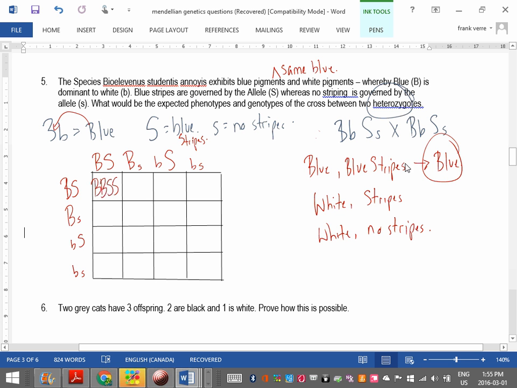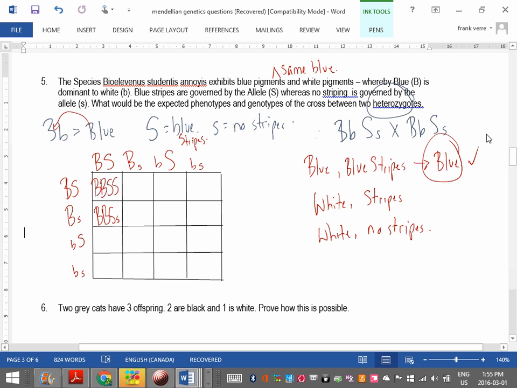Right here. That's this one right here. Is there only one shade of stripes? Yeah, which is the same as the blue. Alright, so let's look this up. What would this be? Recessive. Blue with stripes, so that would be what? Just blue. There's one. Alright, next one. Big B, big S, little s, what would that be?